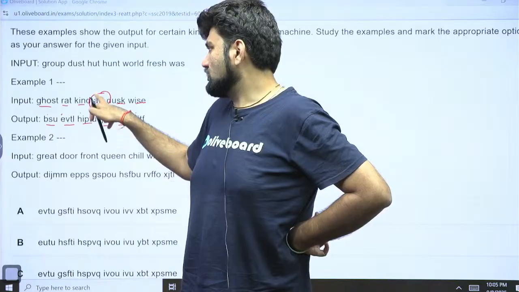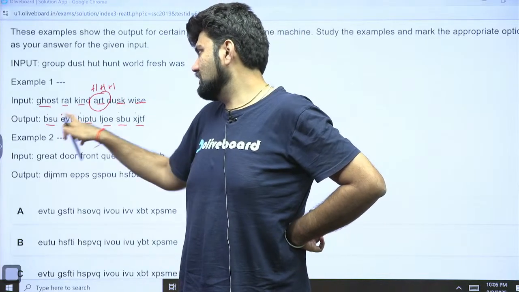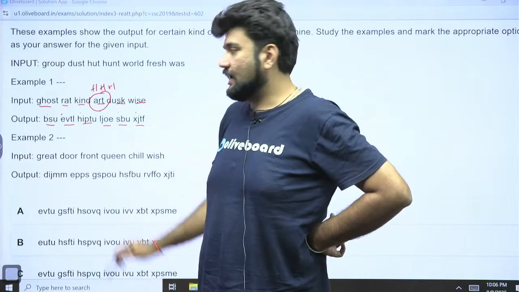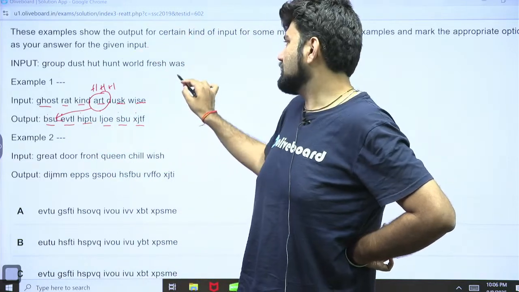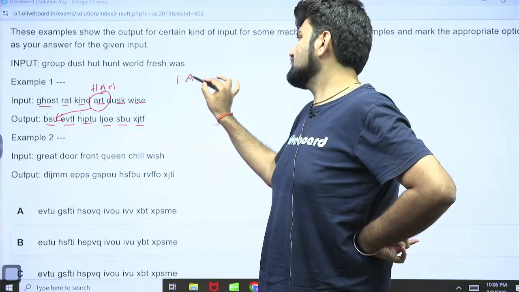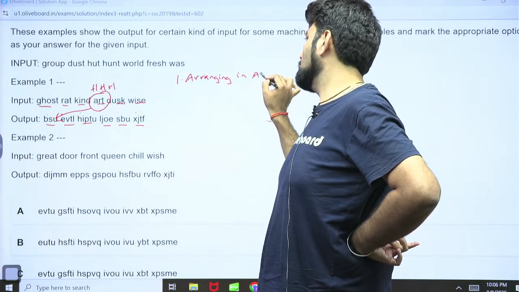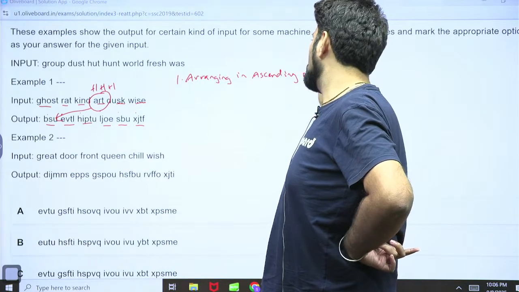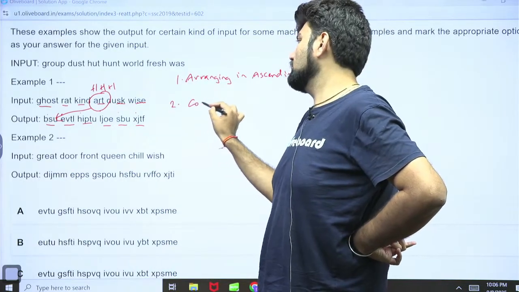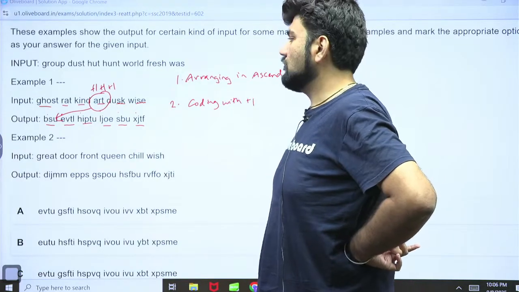So this is A plus 1, R plus 1, T plus 1. If you observe this, this is B, S and U, and this has come in the front. So basically it's a two-step process. Step number 1, you are arranging in ascending order. And step number 2, you are coding with plus 1.